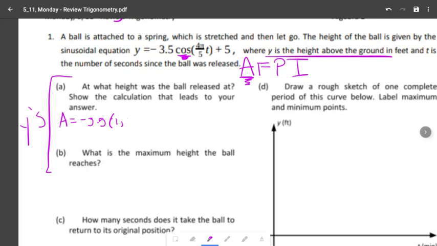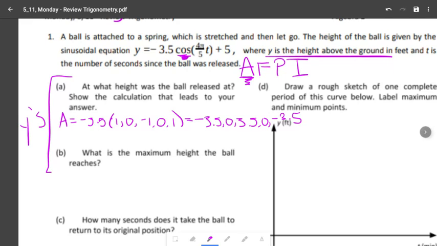So cosine's critical points are 1, 0, negative 1, 0, 1. Multiply them all by negative 3.5. You get negative 3.5, 0, positive 3.5, 0, negative 3.5.